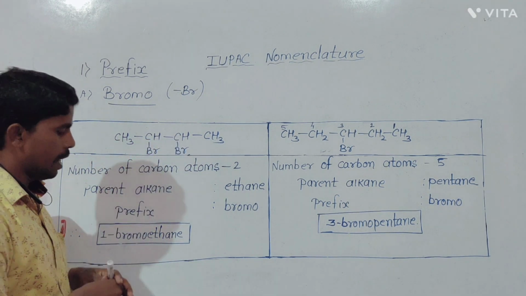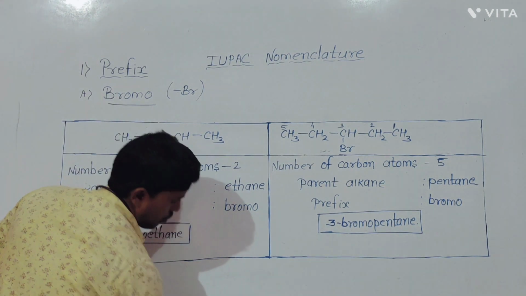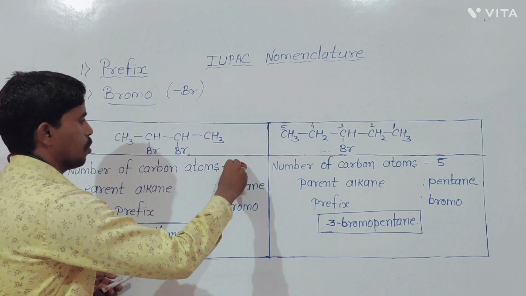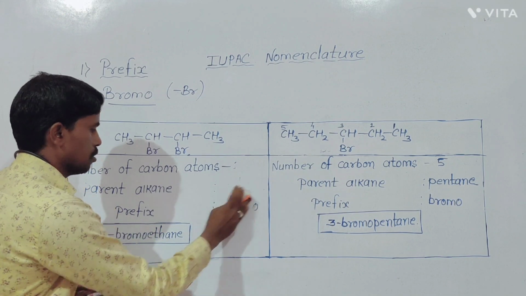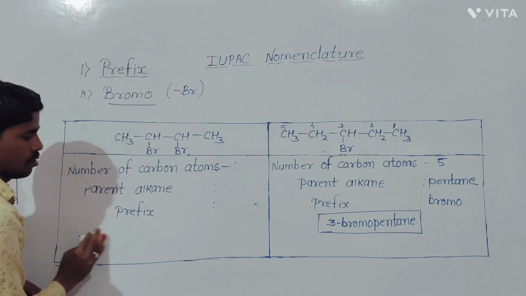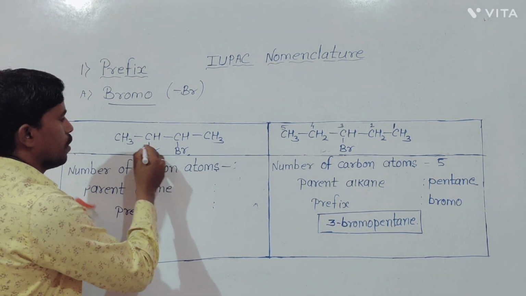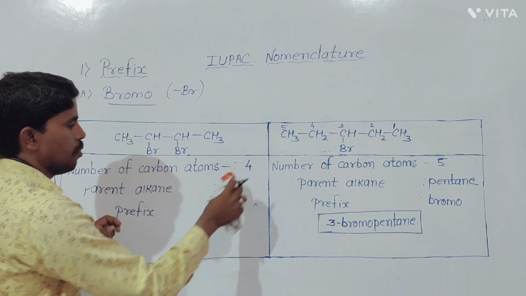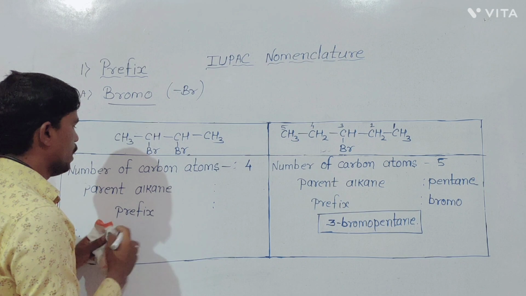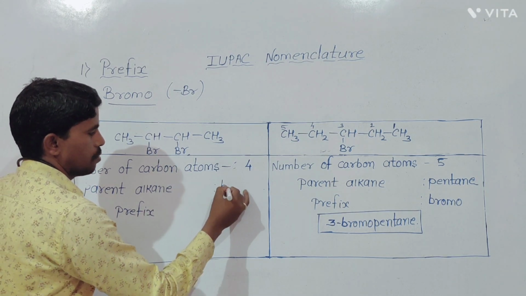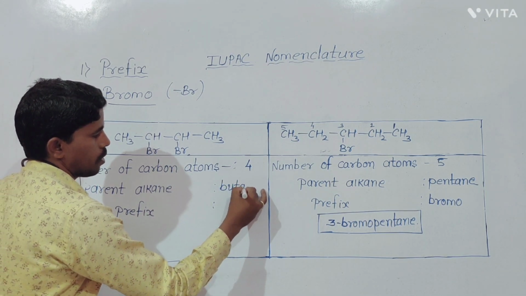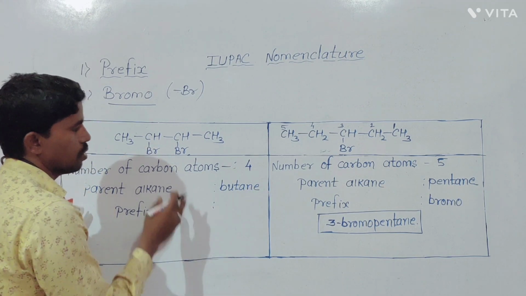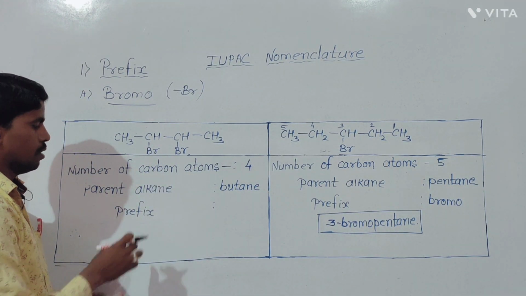The number of carbon atoms in the given chain is 4. Therefore, the name of the parent alkane becomes butane. Butane is the parent alkane to which bromine atoms are attached.